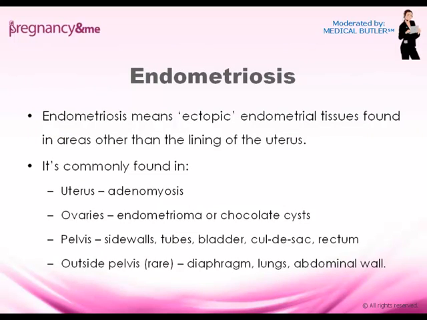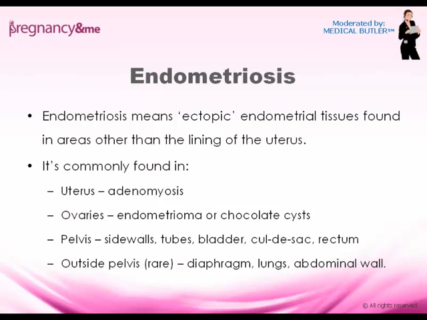So endometriosis is defined as the presence of ectopic endometrial tissue. Ectopic means tissue that does not belong there, it has come from a different area. In this case, it is from the lining of the womb, and it's found in areas other than the uterus, so outside the uterus, in other words.